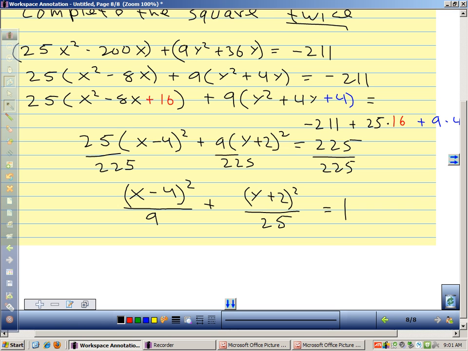And now, the problem told us to sketch this graph. To sketch this graph, we would know that the center is at 4, negative 2. The major axis, vertical or horizontal? The biggest number is under the y, so the major axis is vertical.